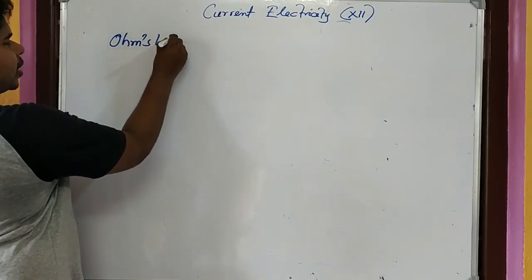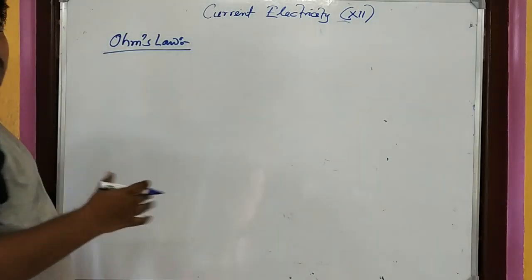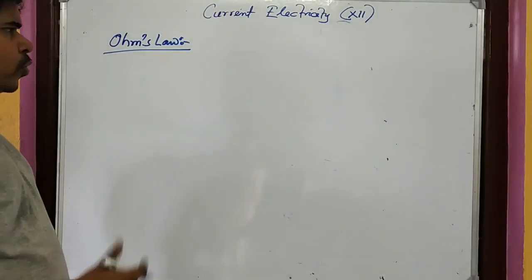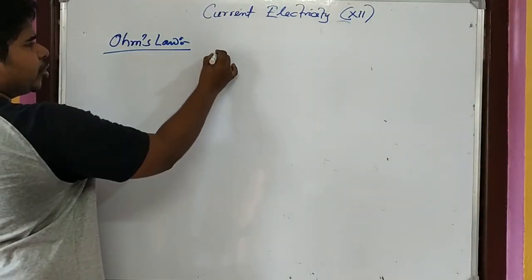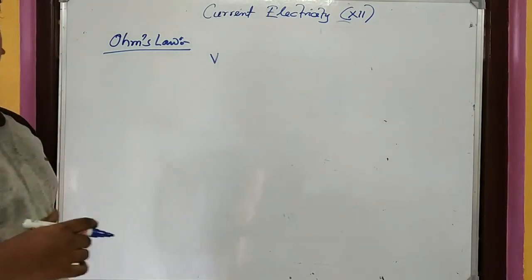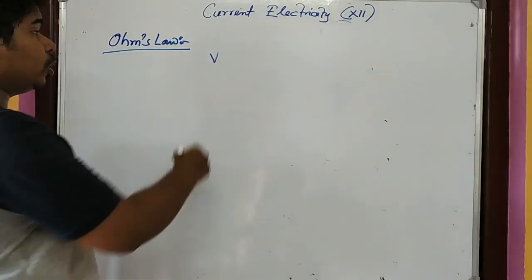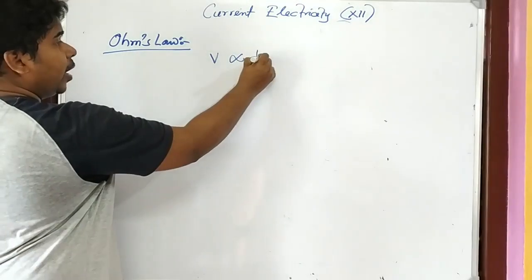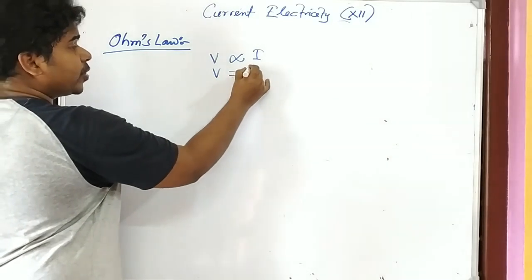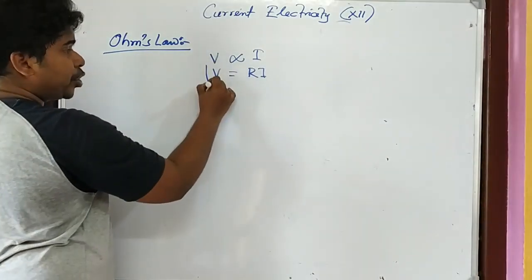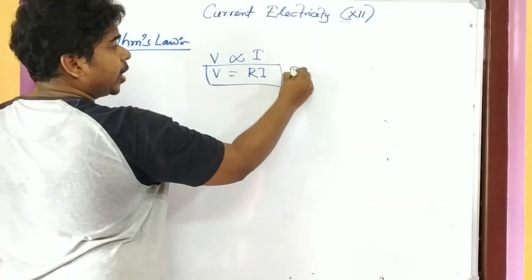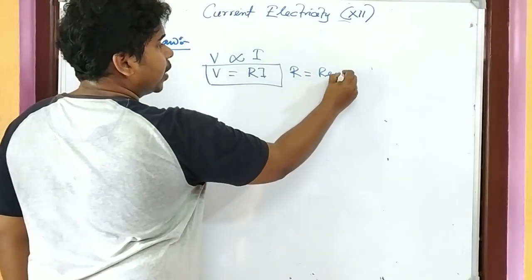And here also there is a glimpse of Ohm's law, but we will not go into details. So Ohm's law, what we know, is that the current passing through a conductor is directly proportional to the potential difference. And here we are taking a constant to make it equal, and this constant has a name, that is known as resistance.